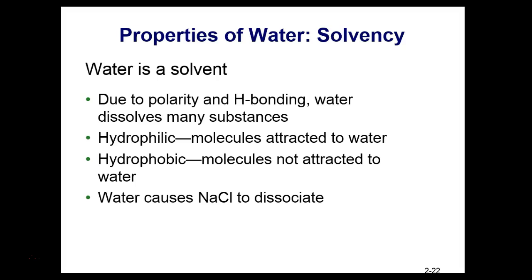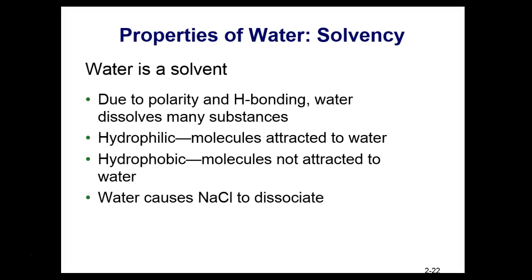So things that are water fearing, that's not attracted to water: oil, butter, any type of lipid or fat, the skin on a chicken, the chicken fat. When you boil chicken in water, you see the little fat droplets floating on top.